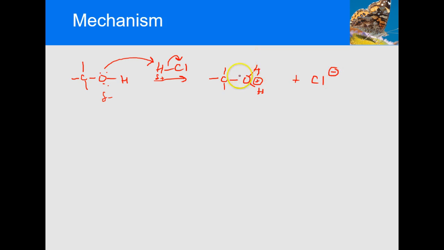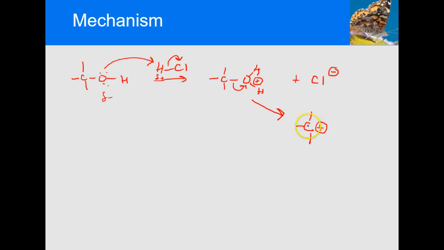Now if you notice, that looks like water, doesn't it? H2O. Well, it doesn't look like it, it actually forms it. Water is a very good leaving group. It likes to leave. We're going to talk a lot about leaving groups in this chapter. So if oxygen is going to leave the carbon, what charge does it leave on this carbon? It leaves a plus charge. So you form a carbocation.